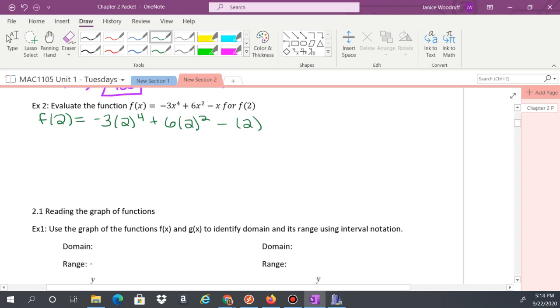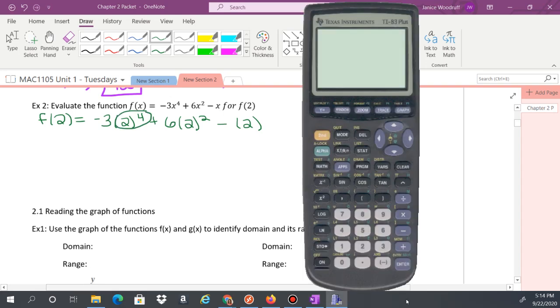So we're going to work on the right side. We'll do order of operations here. So I have a 2 to the 4th. So 2 times 2 times 2 times 2 will be 16. So we can put that in. We're going to get 16 there.